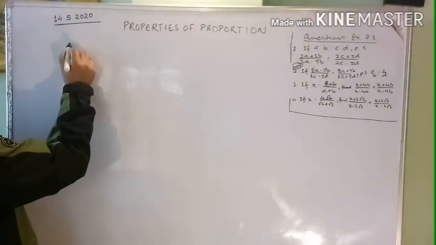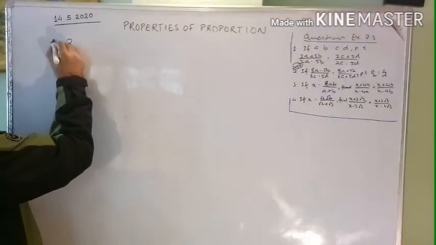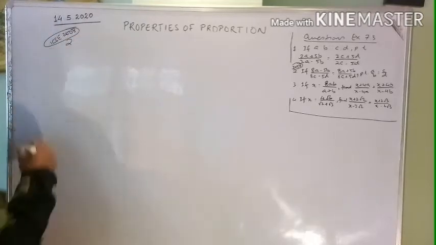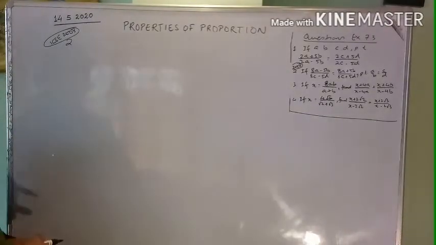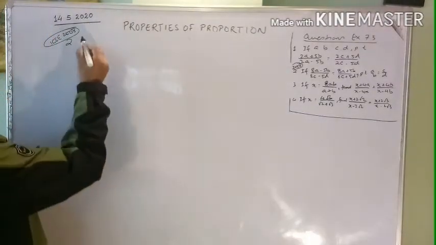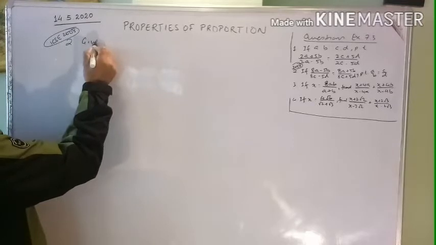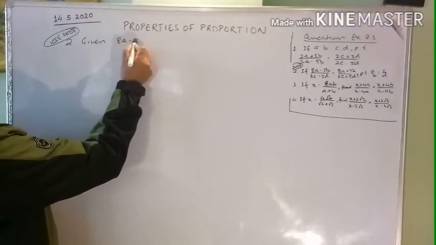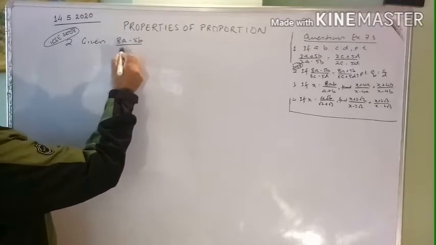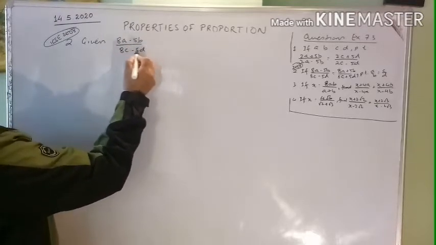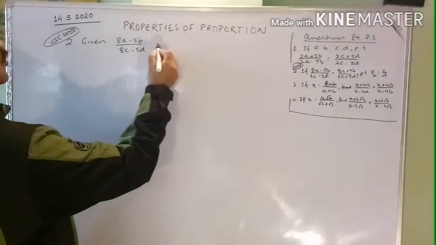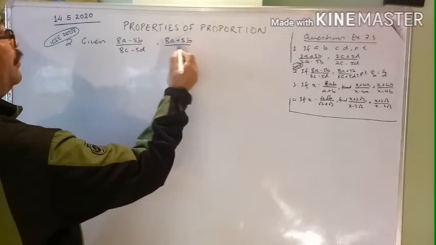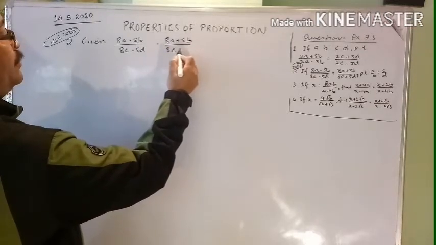Question number 2. Now this came in ICSE 2008. This question came in 2008. It's just the reverse of the previous question. So given 8A minus 5B by 8C minus 5D is equal to 8A plus 5B upon 8C plus 5D.